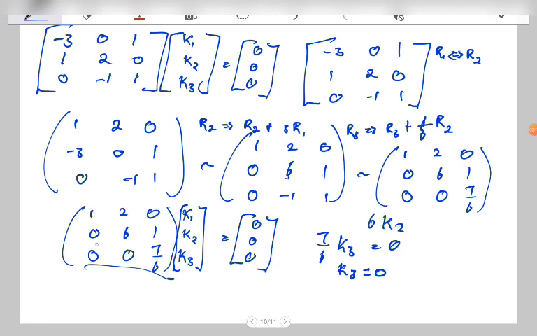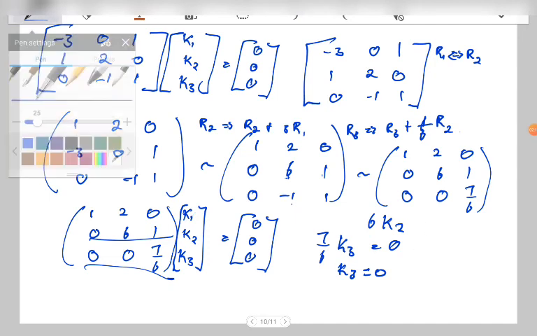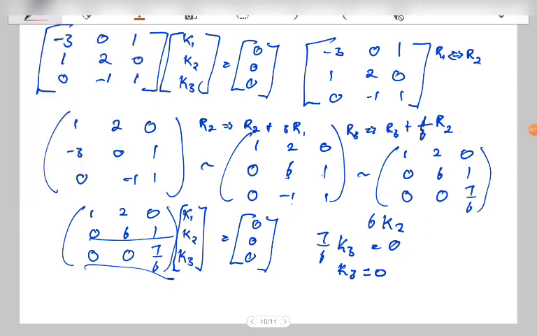When you multiply this and that, you're going to have 6 k2 plus k3 is equal to 0. You have k3 already 0, so you have 6 k2 plus 0 is 0. So k2 is going to give you 0 also.